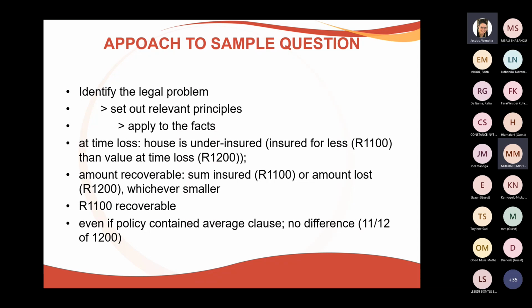Many students started off by writing a whole list of all the essentials of an insurance contract. That would have been half a page. Then only going over to other examples of insurance contracts and never actually answering the question.